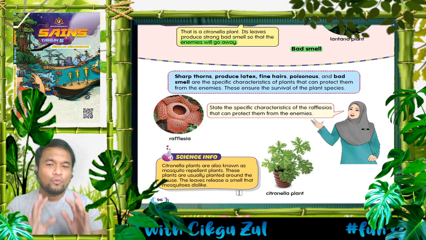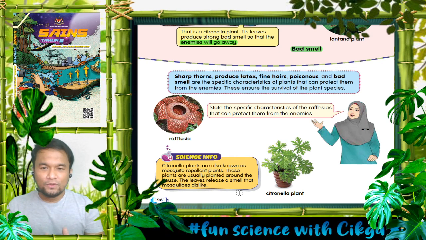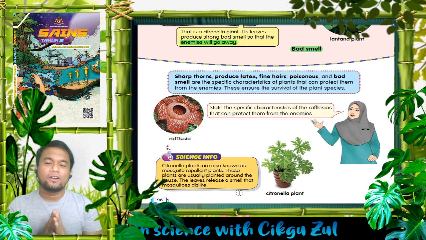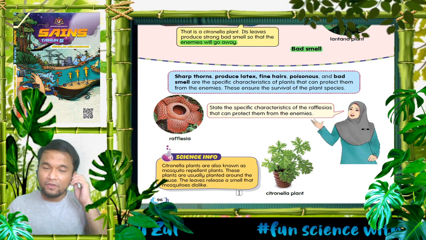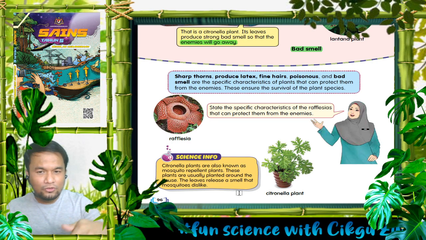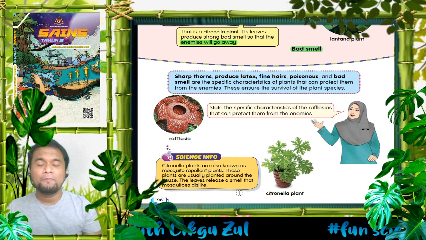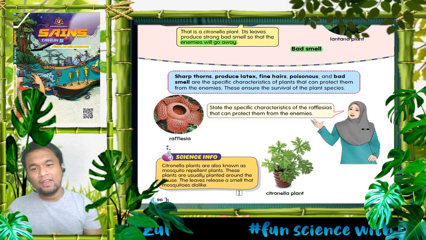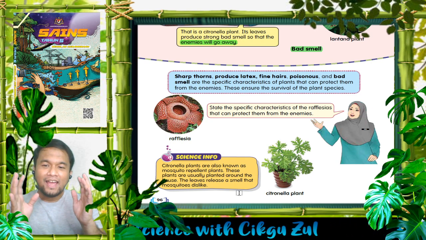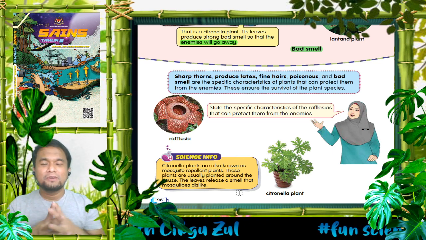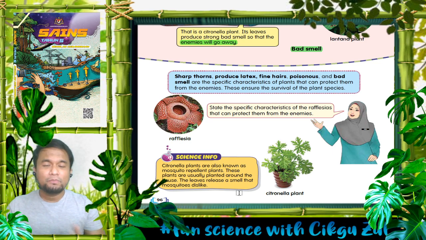Okay, so when the insects or maybe small creatures get close to these flowers, they will try to crawl inside the middle part of the flower, but the fine hairs will trap them inside. Ada bulu-bulu halus tu akan menyebabkan serangga-serangga dan haiwan-haiwan kecil itu terperangkap.